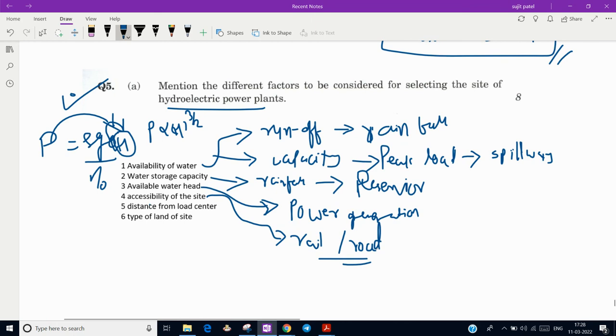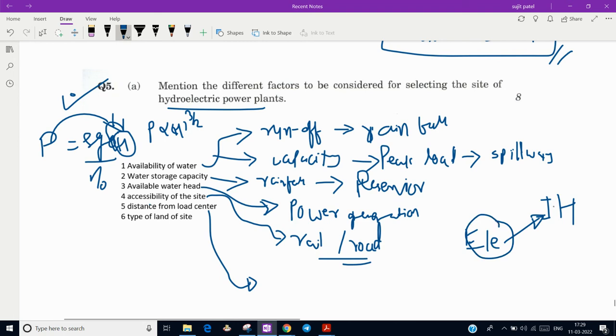Next is distance from the load center, like how far it is. The load center is where the output, that is electricity, is used. The main output of a hydroelectric power plant is electricity. Where is it to be used, whether in industry or houses, and how far away are they from the hydroelectric power plant?